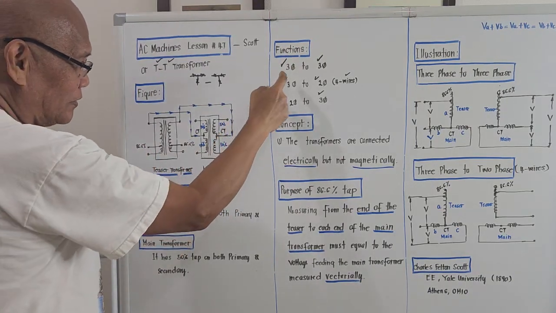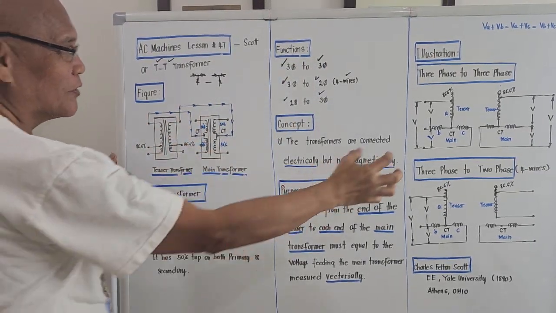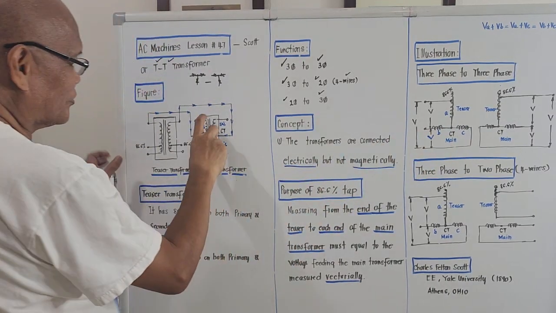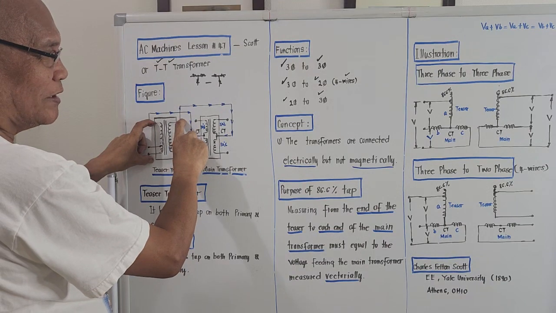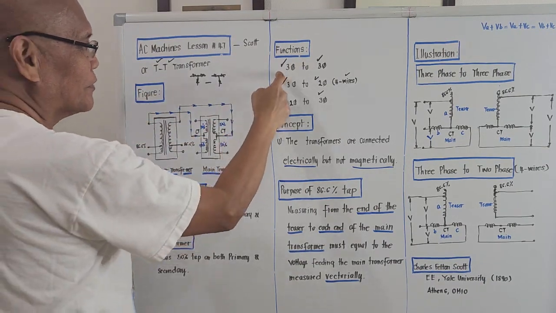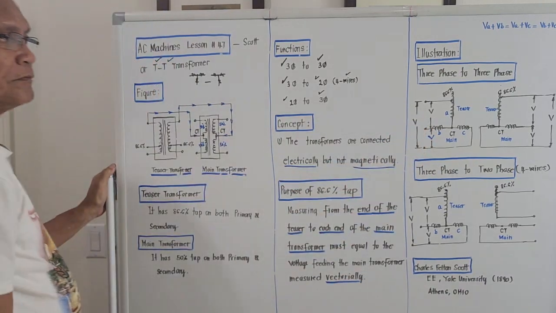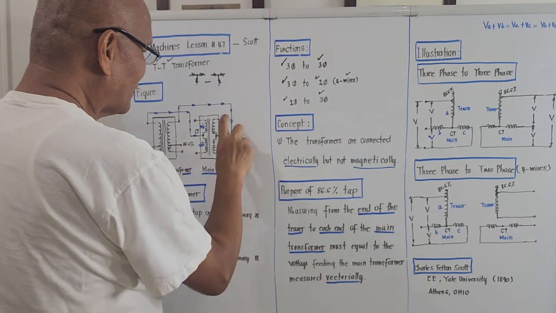If you want a 3-phase to 3-phase, you can interconnect it something like this, because we got 6 terminals here and 6 terminals here. And if you want the configuration 3-phase to 2-phase, this should be the configuration. We interconnect the terminals.